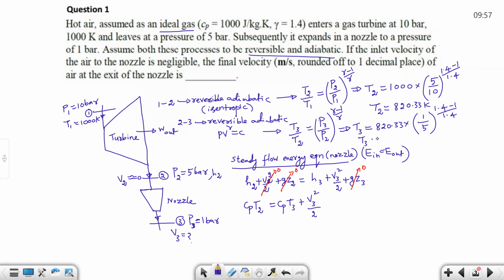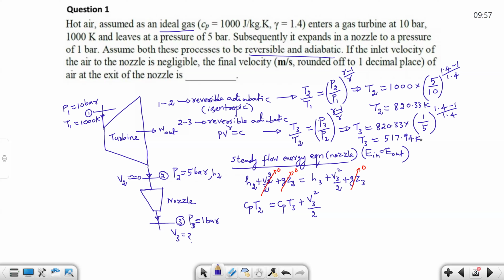So now we will get T3, which is 517.94 Kelvin.